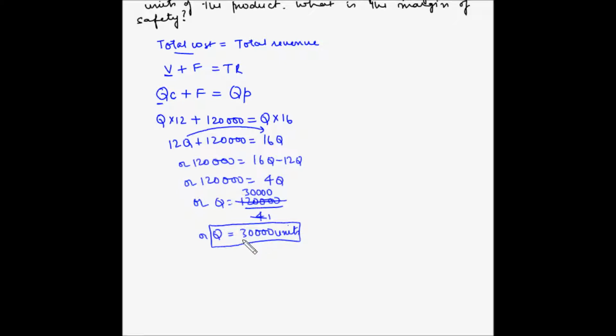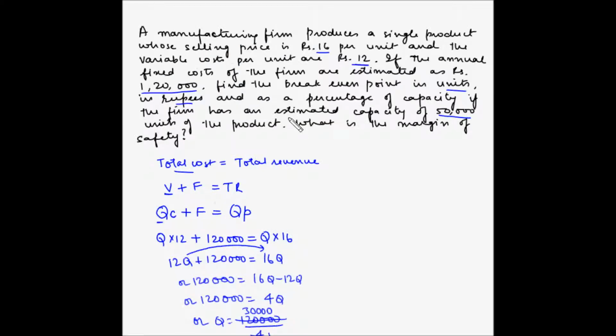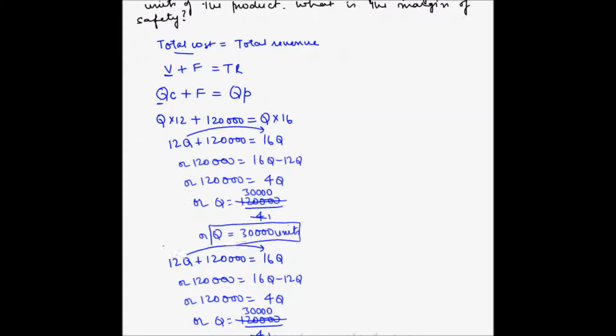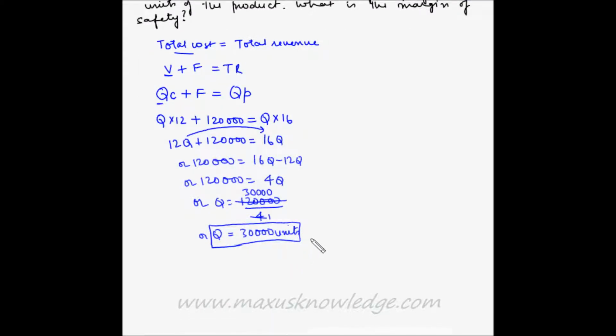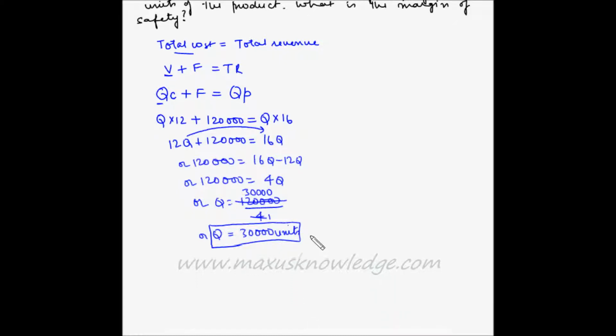That means that once the company has produced 30,000 units, it would have recovered all its cost and it would be at a no profit, no loss situation. So we have already found the break-even point in terms of units. Now the next one is to find it in terms of rupees. Break-even point in terms of rupees means how much sales would have happened to recover all the cost.